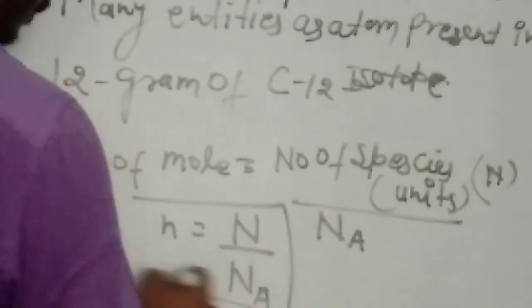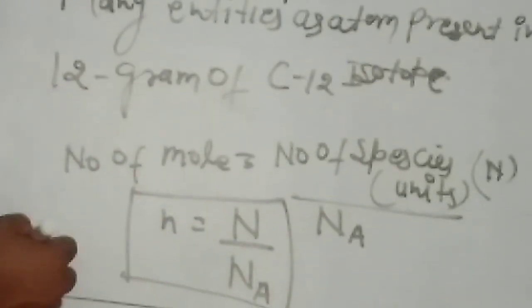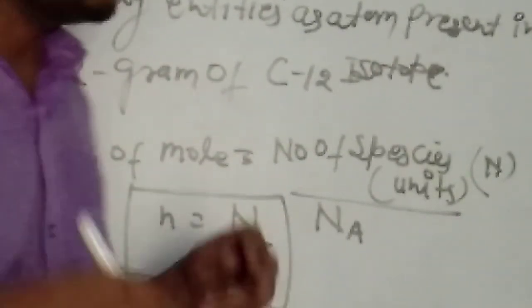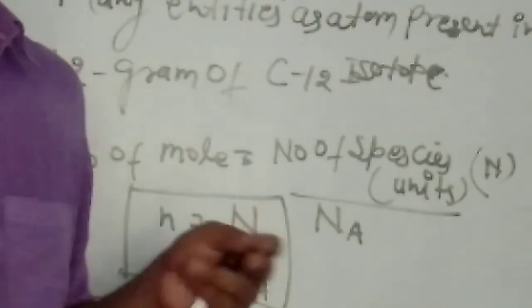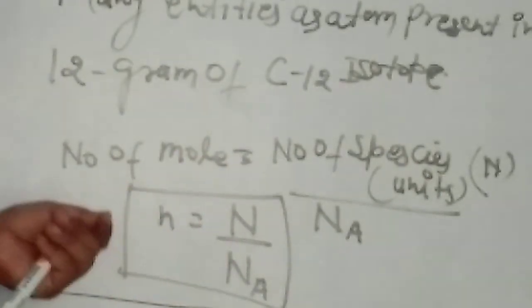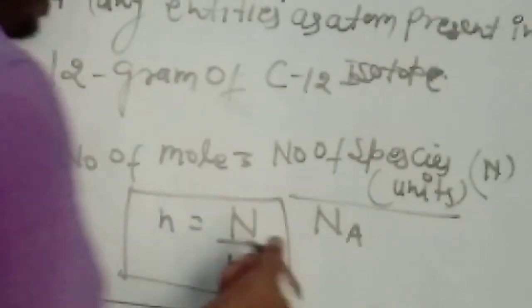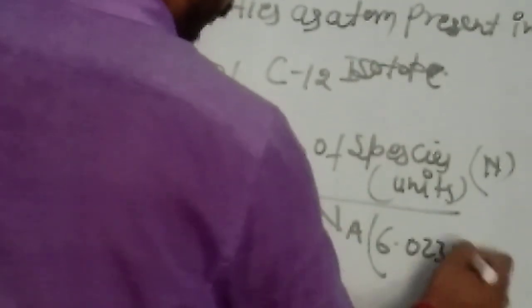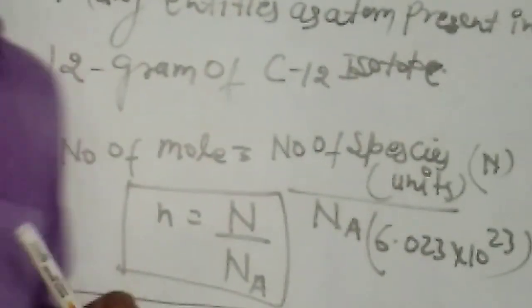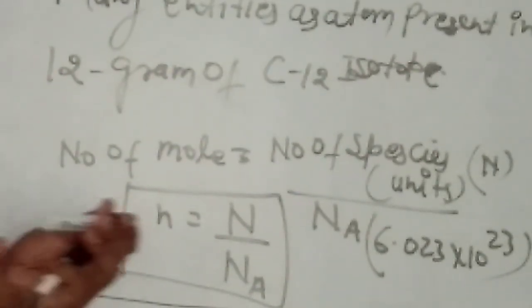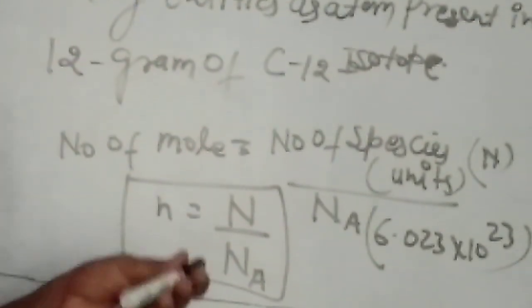This is the formula to find out number of moles. Small n is the number of moles, capital N is number of units or number of species, Na is the Avogadro number. Value of Na, that is 6.023 into 10 power 23 molecules or atoms. So this is the sum about moles.